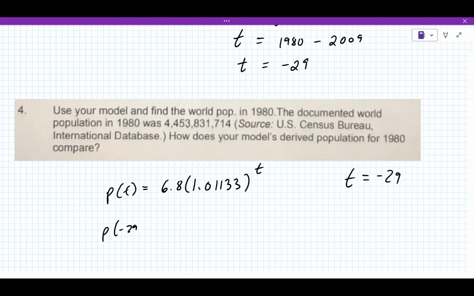So P of minus 29 equals 6.8 times 1.01133 to the minus 29 power. So you've got to go to your favorite calculator and calculate this.